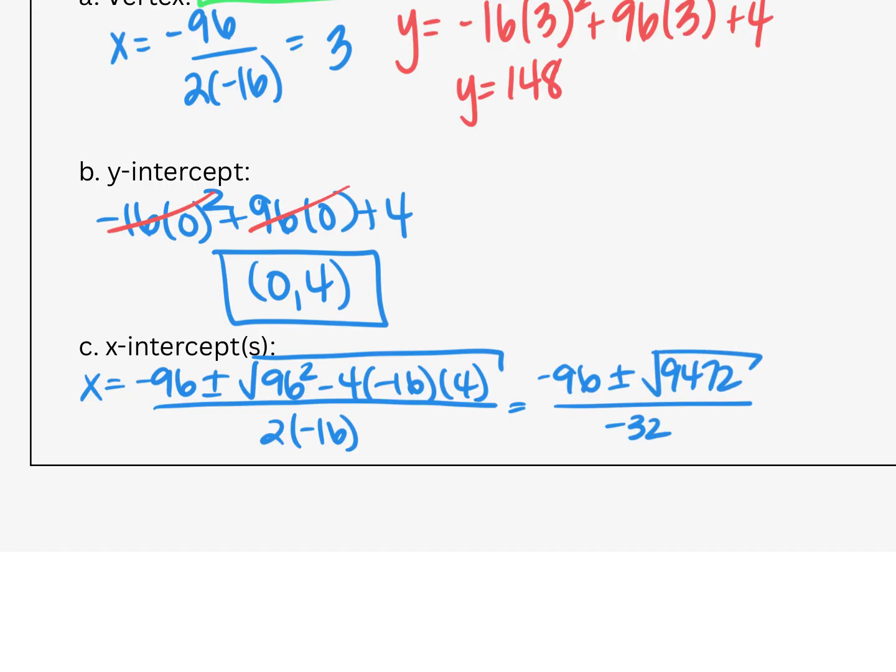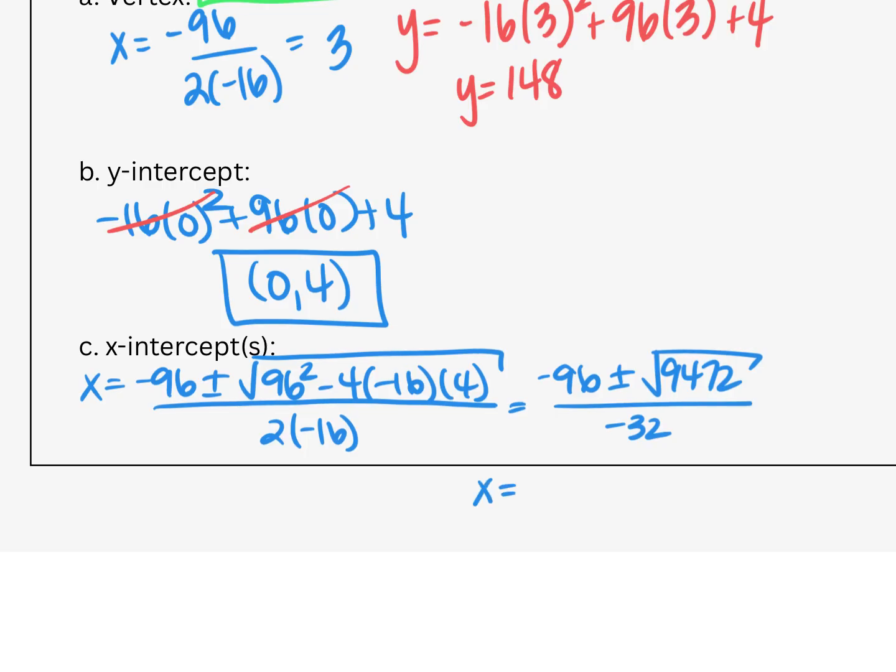And previously, we would have stopped there potentially, depending on what that radical ended up being, what was under the square root. But since these are application problems, we're going to just use the calculator to find the value of this. So I'm going to do negative 96 plus the square root of 9,472 divided by negative 32.